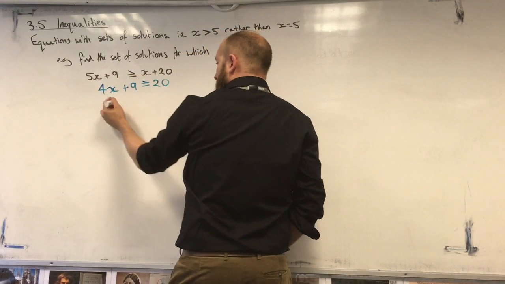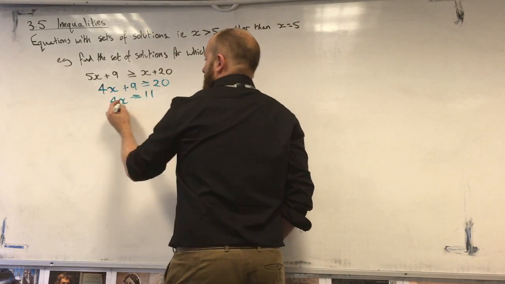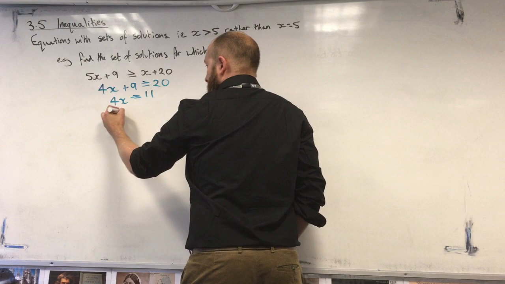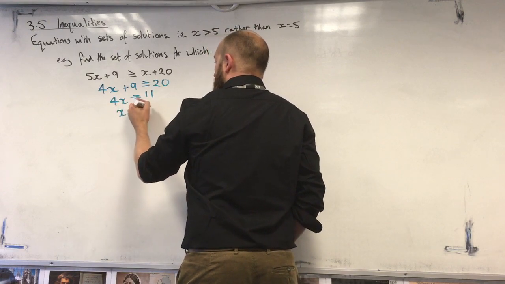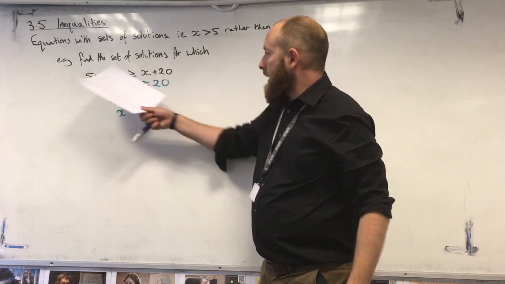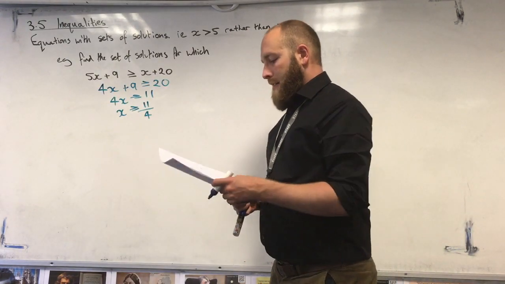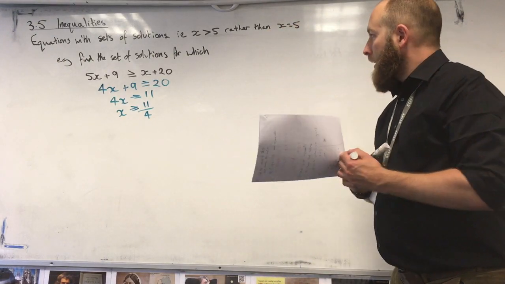And take 9 from both sides to get 4x is greater than or equal to 11. So dividing by 4 means x must be greater than or equal to 11 over 4. So this inequality is true for the set of solutions x is greater than or equal to 11 over 4.